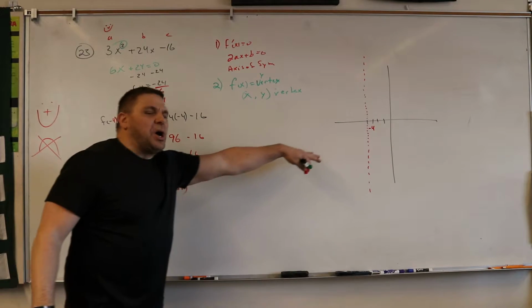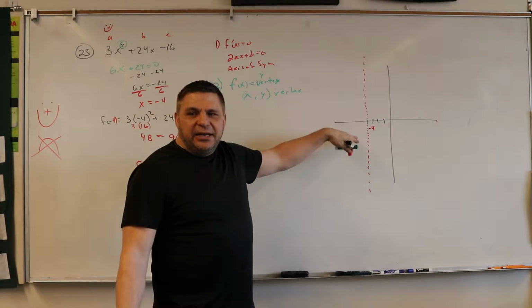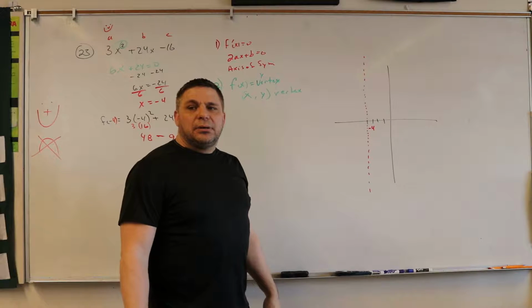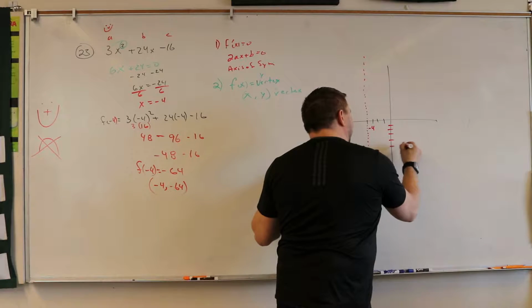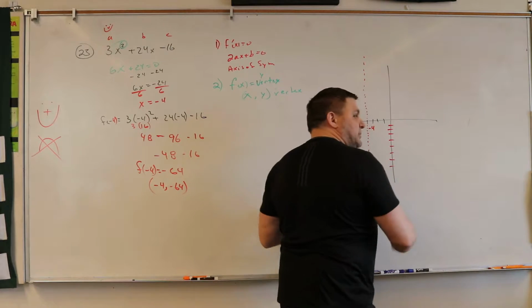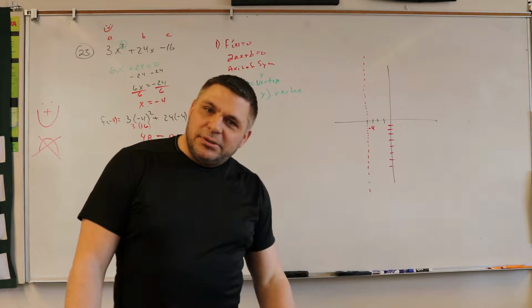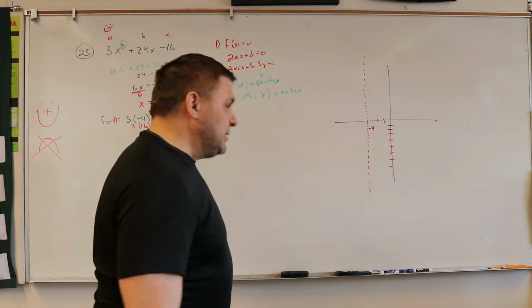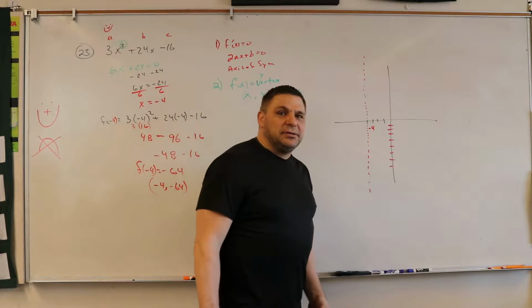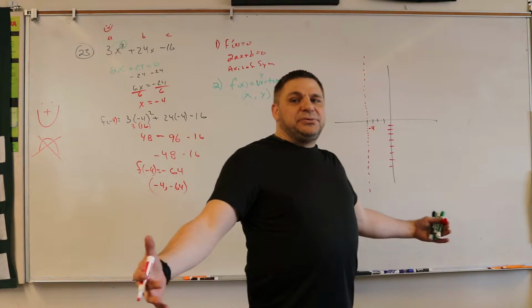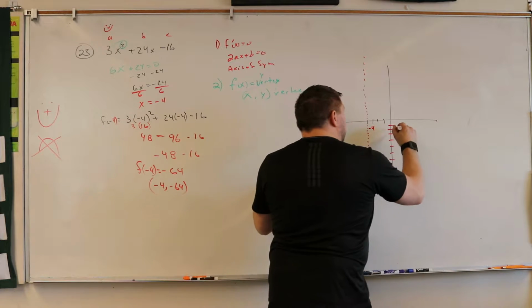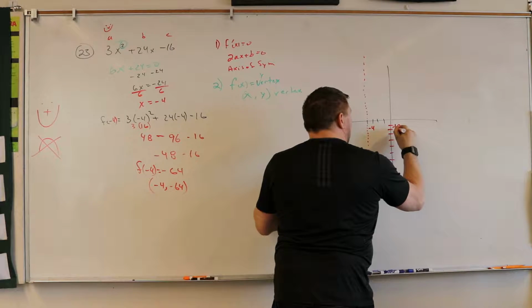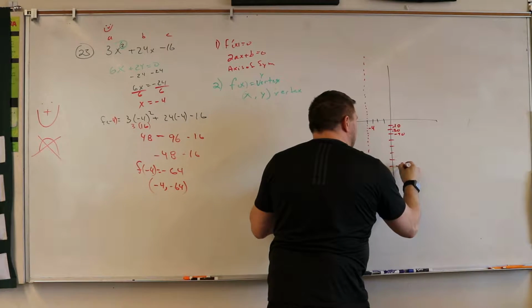How are we supposed to draw that? How do we draw negative 64? You think we can go 1, 2, 3, 4, 5, 6, 7, 8 all the way to 64? No! We don't do that. We go by tens: negative 10, negative 20, negative 30, all the way down to negative 60.